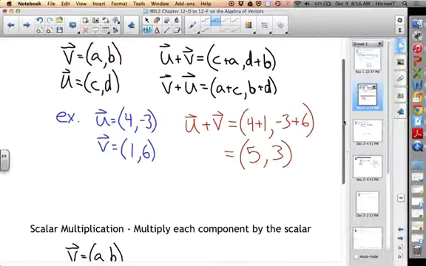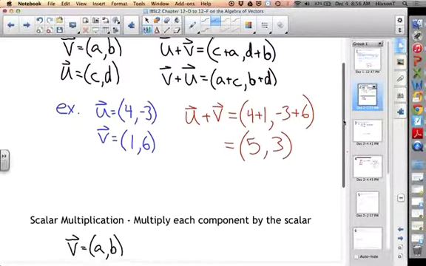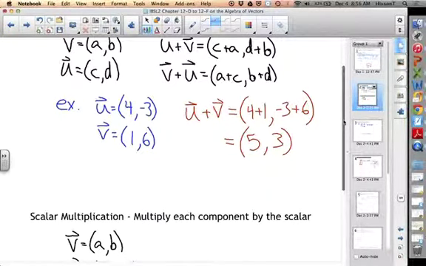3 times vector v, we would just multiply the 1 by 3 and the 6 by 3. Alright, so here's 3 times vector v. We would do 3 times the 1, and then 3 times the 6.